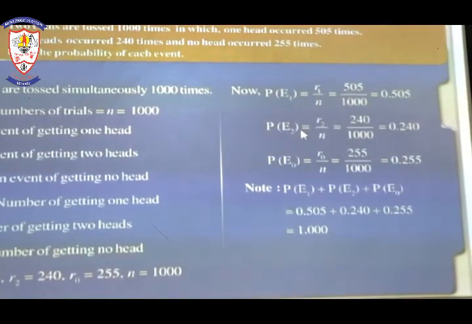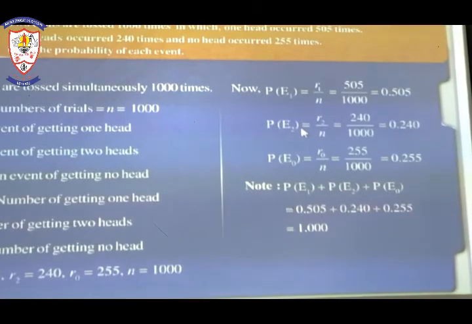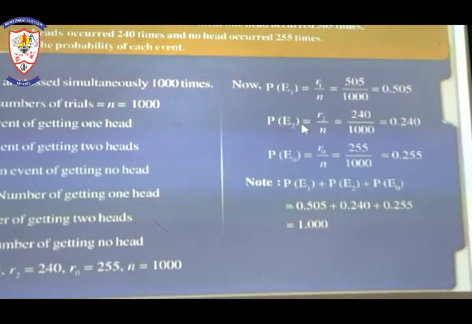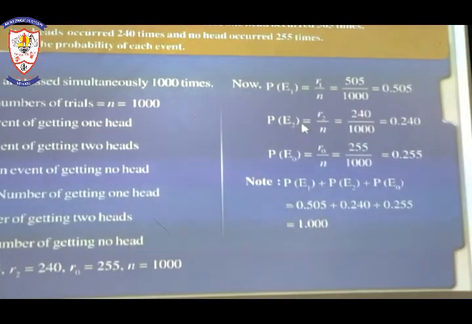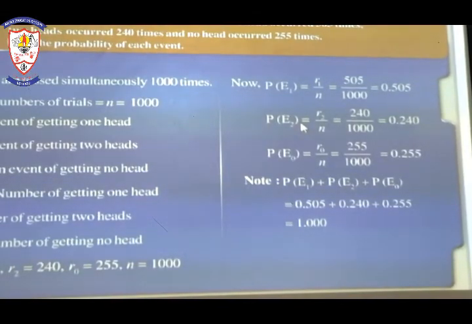Similarly, the probability of an event of getting no head is R0 upon N, which is equal to 255 divided by 1000, which is equal to 0.255. Here one thing is to be noted: when we add up the probabilities of getting one head, two heads, and no head, we get 1.